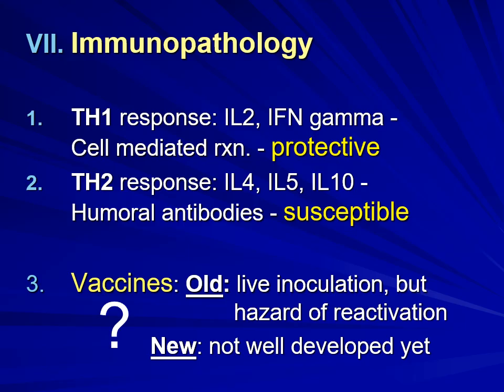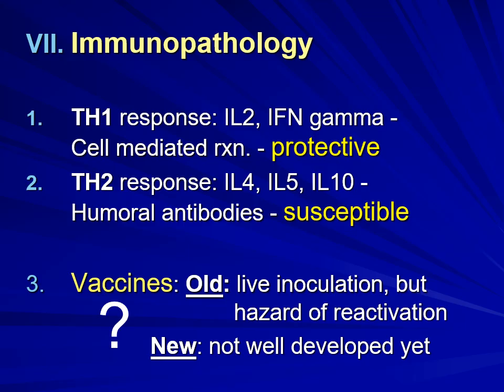Immunopathology. You know that nowadays immunity is divided into two polarizations. That is, it's polarized, one side or the other. It's Th1 versus Th2, that is the T helper cells, either type 1 or type 2.